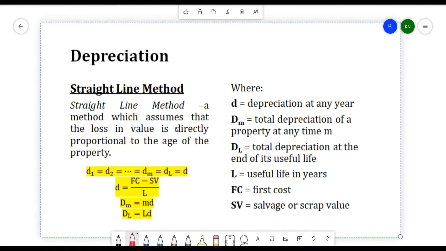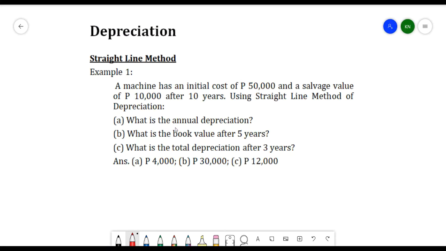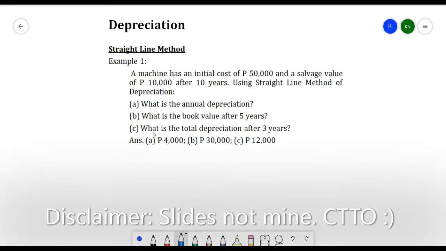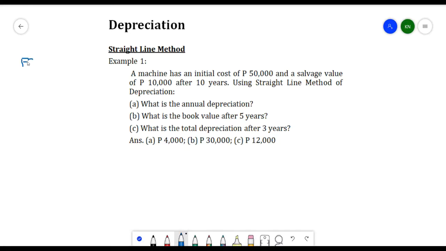Let's start with one example. A machine has an initial cost of 50,000, so FC is 50,000, and a salvage value of 10,000, so SV is 10,000, after 10 years. L here is 10 years, the useful life in years. Using the straight line method of depreciation, A: what is the annual depreciation?